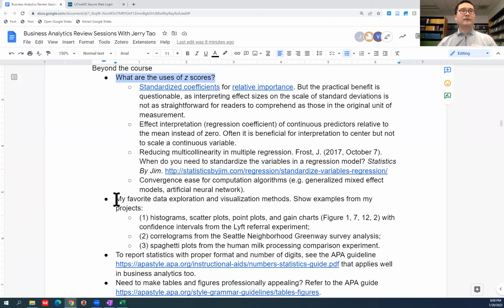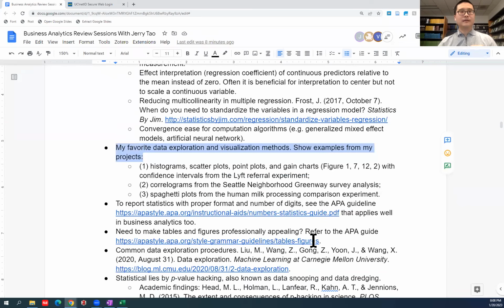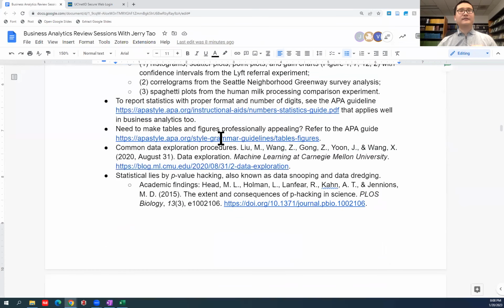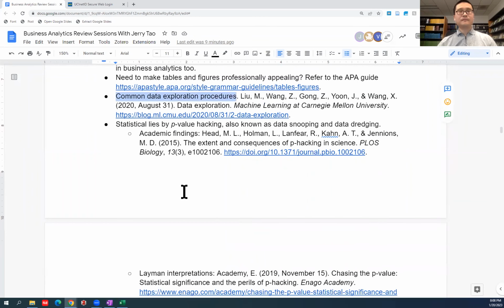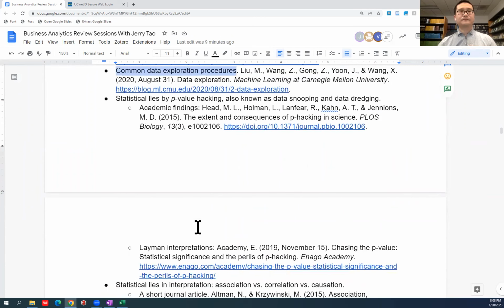And probably next time, if we have additional time, I can show you some of the visualization and data exploration methods I have used. In addition to the guidelines for statistics reporting and tables and figures, there are also some common data exploration procedures you can follow in addition to what we learned this week.